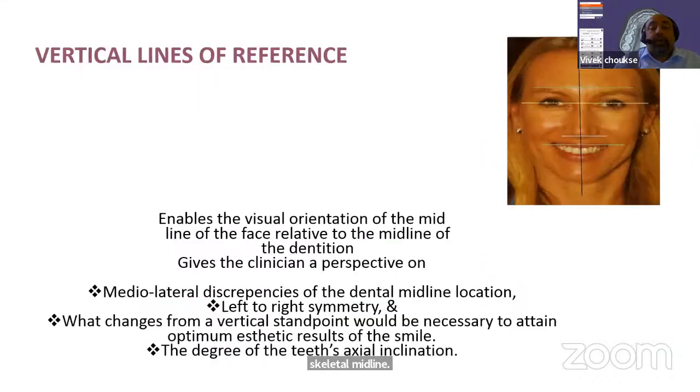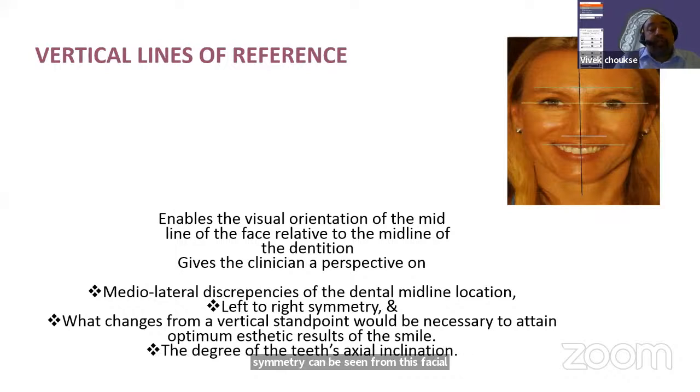The vertical line of reference enables visual orientation of the midline of the face in relation to the midline of the dentition. And we can see the mediolateral discrepancies of the dental midline, and right and left side symmetry, from this facial midline.